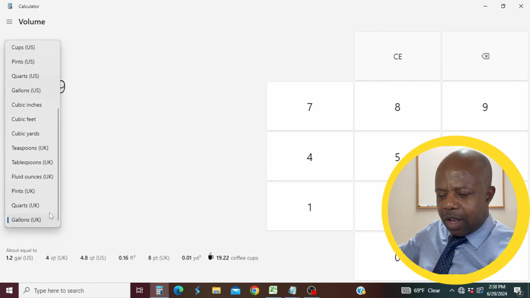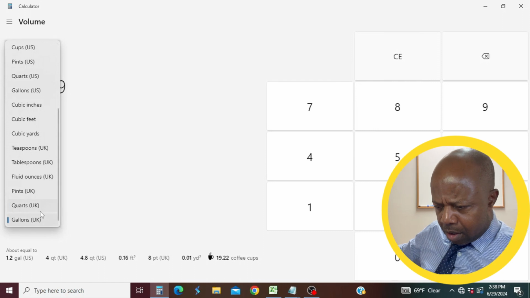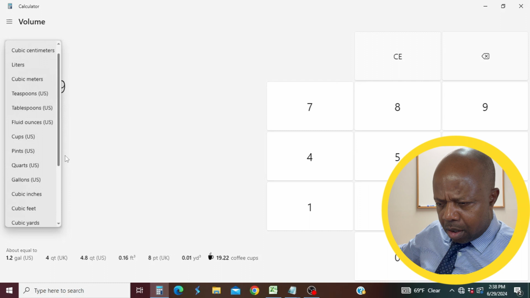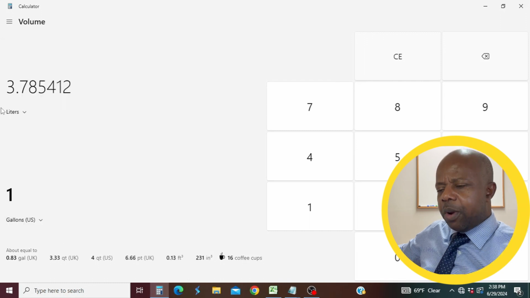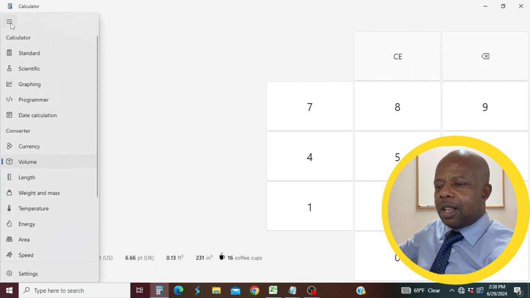Okay, this is UK gallon. Let's say we want to see US gallons. Gallons in US, 3.785 liters is in 1 gallon. So that's an example that you can do with the volume.